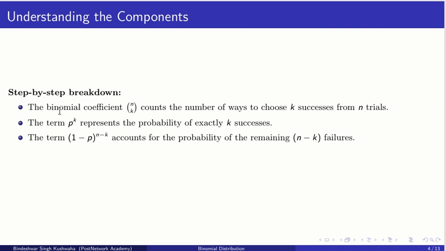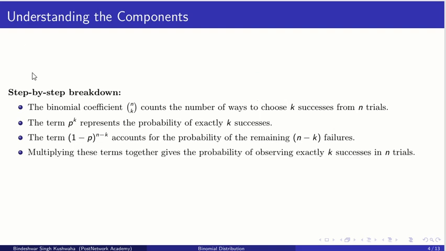If n is equal to 10 and k is equal to 4, then failures n minus k would be 6. Multiplying these terms together gives the probability of observing exactly k successes in n trials.